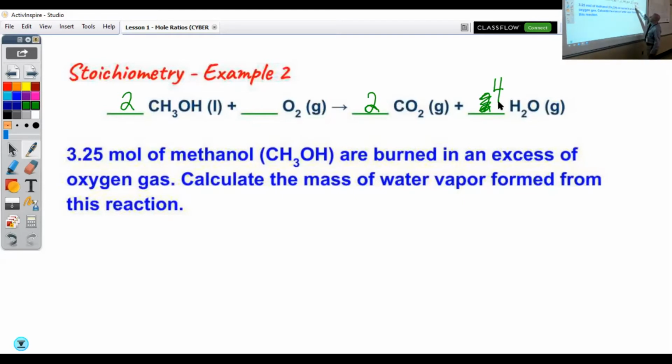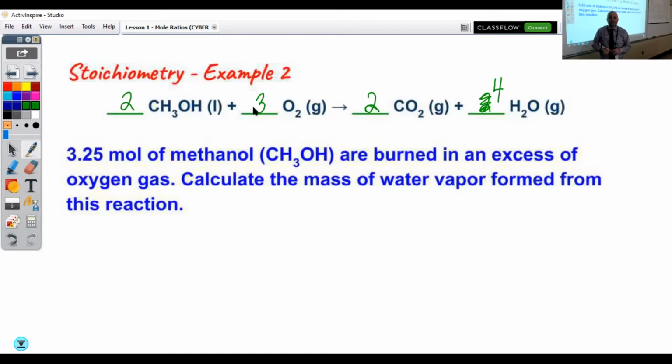We have 4 times 2, that's 8 hydrogen. In terms of oxygen, on the right side first, we have 4 oxygen here plus 4 more for a total of 8 oxygen on the right side. Here we have 2 oxygen, 2 times 1, so we need 6 more oxygen in order to get to 8. So on that line, we're going to place a 3.